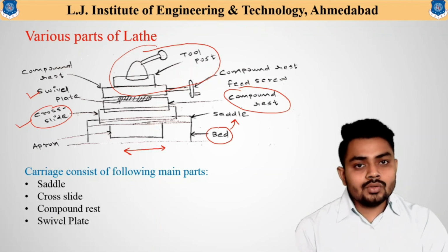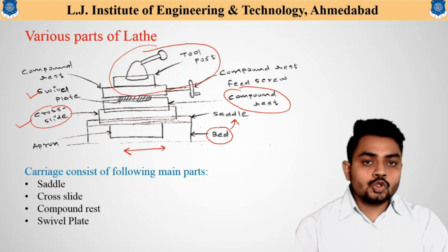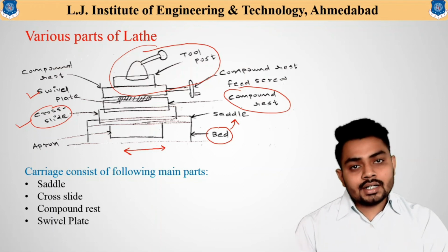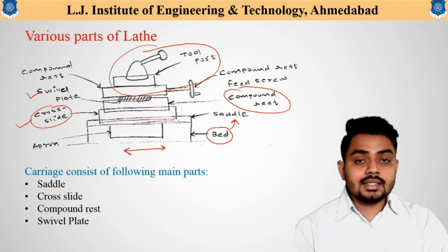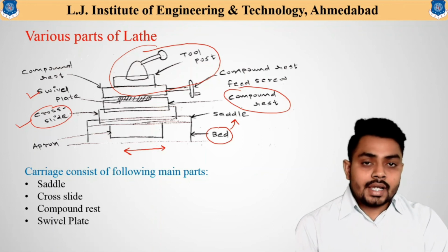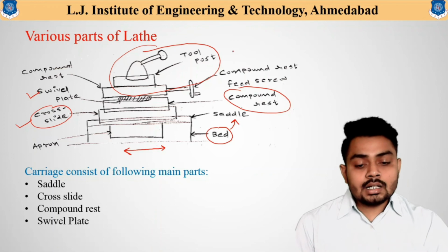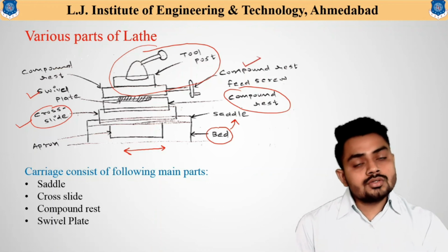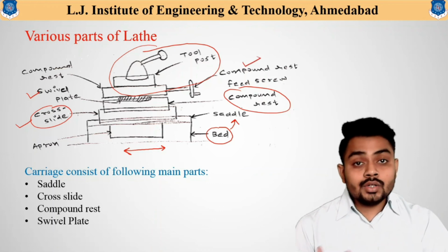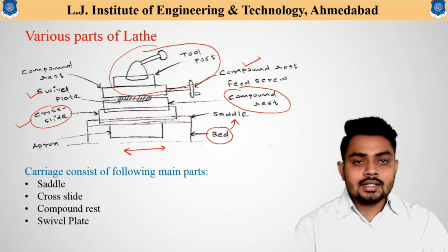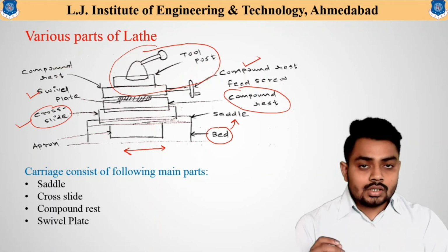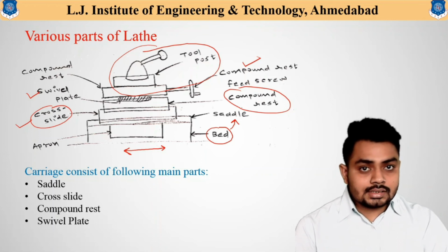So this compound rest is helpful to maintain the taper turning operation, and the required taper angle is provided using this swiveling plate. And with this, the compound rest feed screw is also available. That means during the taper turning operation, the feed movement is given by using this compound rest feed screw. So this is very much important to understand.